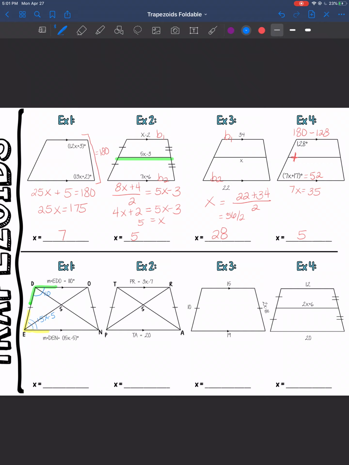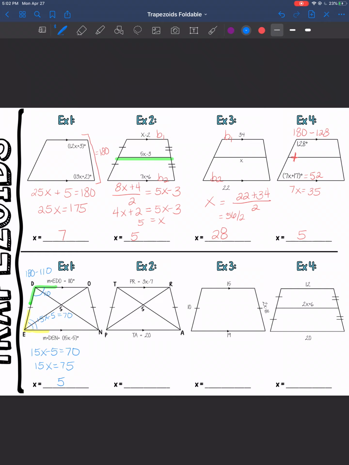So once again, we know that these consecutive angles are supplementary, so 110 subtracted from 180 leaves me with 70 for the 15x minus 5 base angle. So I can set 15x equal to 70 plus 5 would be 75, divide by 15, x equals 5.